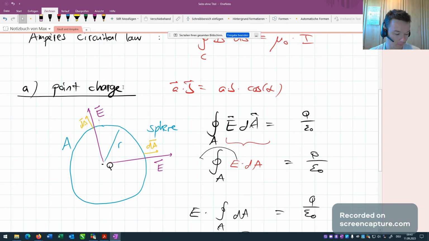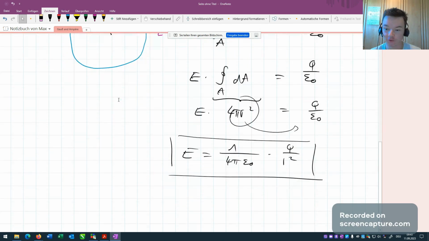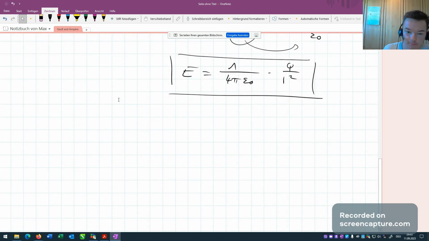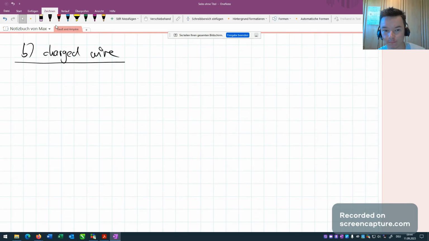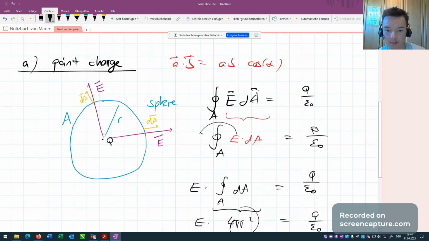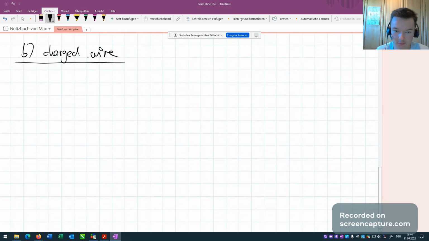Okay, next example I've thought of is a charged wire. And again, same problem here. We can imagine maybe a wire which is going like that.